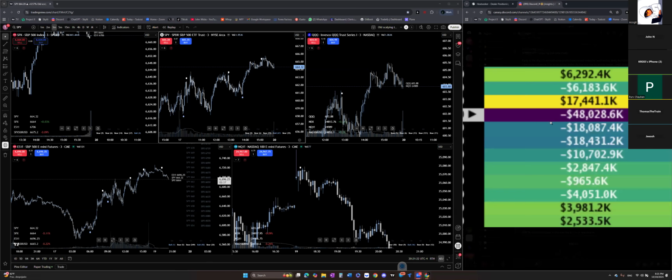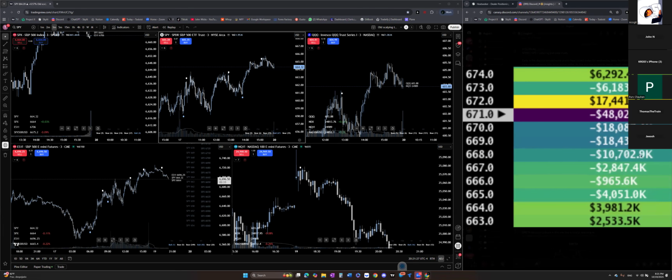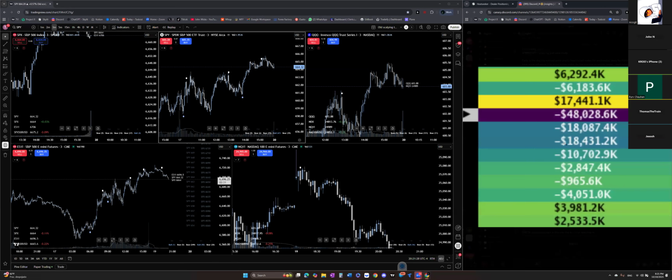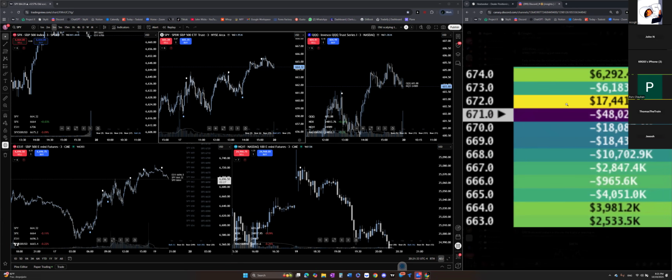Because these two nodes here are so close together, and even 668, all these nodes are negative, if we were to reject 672 or 671, the move would be more violent. And we would just rip through 670, 669, and 668.